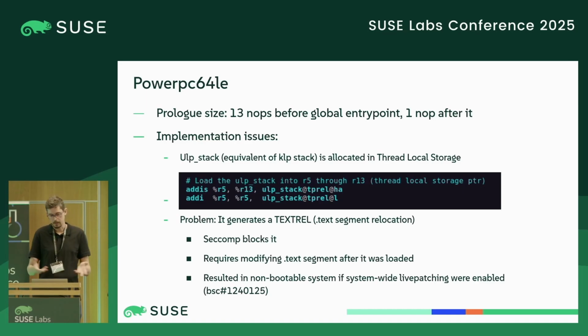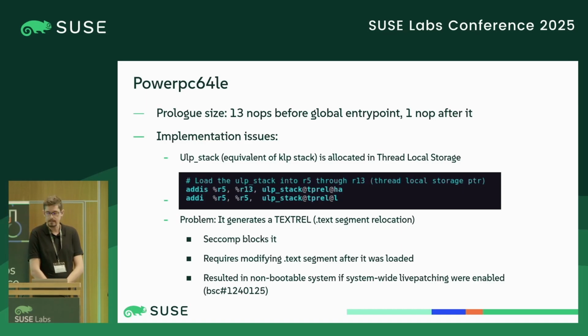While writing code in assembly, we figured out that we can do this sort of construct to reference thread local storage, which is loaded through R13, the thread local storage pointer. However, this construct actually generates a text relocation, which instructs the linker to go there and replace whatever is in this constant with another constant.